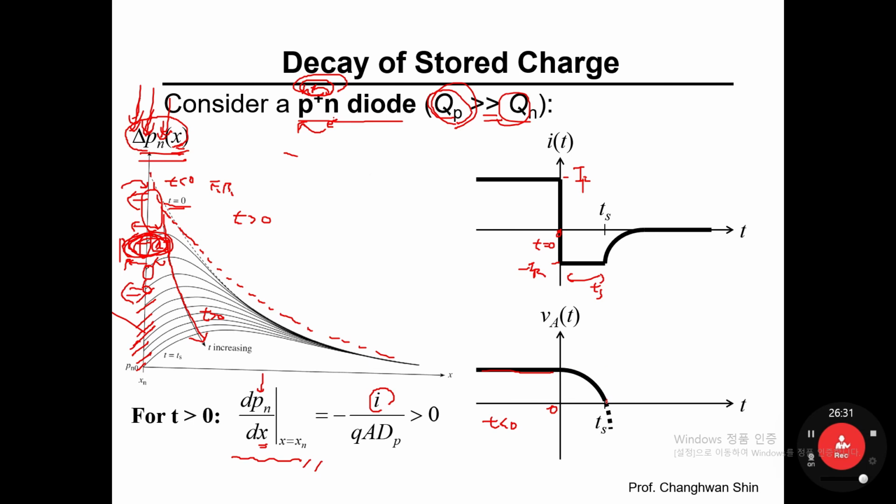However, during this storage delay time, the forward bias voltage across the PN diode is gone, and in the end it is going to be negatively biased. In other words, the PN diode is actually reverse biased. That is the main reason why we use the storage delay time as a good indicator of how well or how badly the diode can be turned on and off.